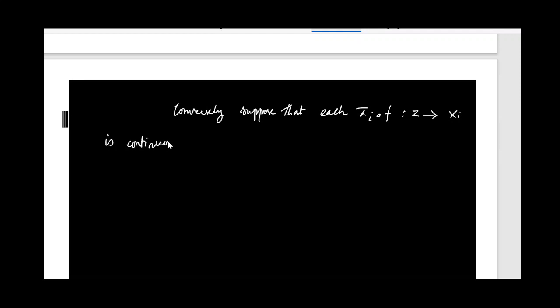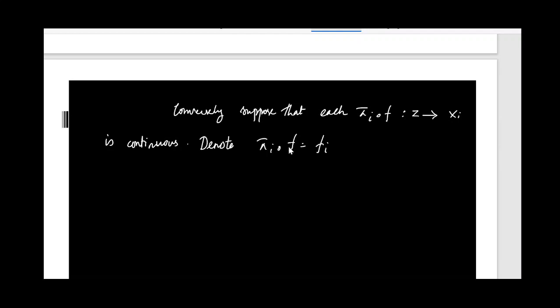Now we want to prove the converse part. Conversely, suppose that each pi i composition f from Z to Xi is continuous. Denote pi i composition f as fi.